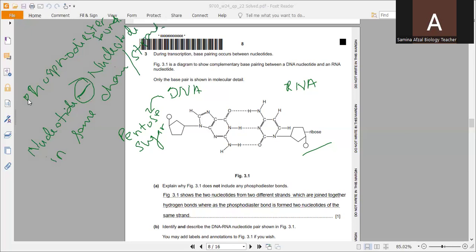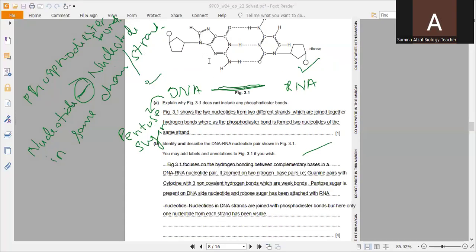But here they have shown us two nucleotides from two different chains. One strand is the DNA strand, the other strand is the RNA strand. So phosphodiester bonds cannot be formed between DNA and RNA. They are joined together with the help of hydrogen bonds. So phosphodiester bonds have not been shown in this picture.